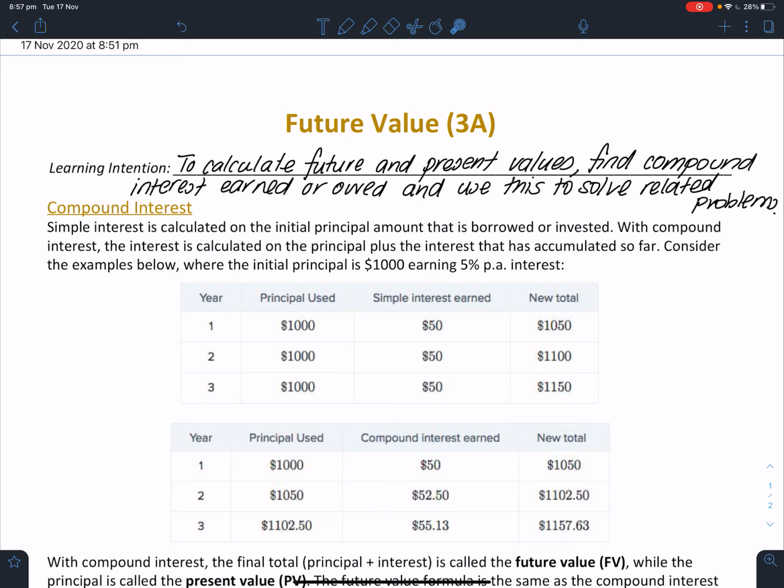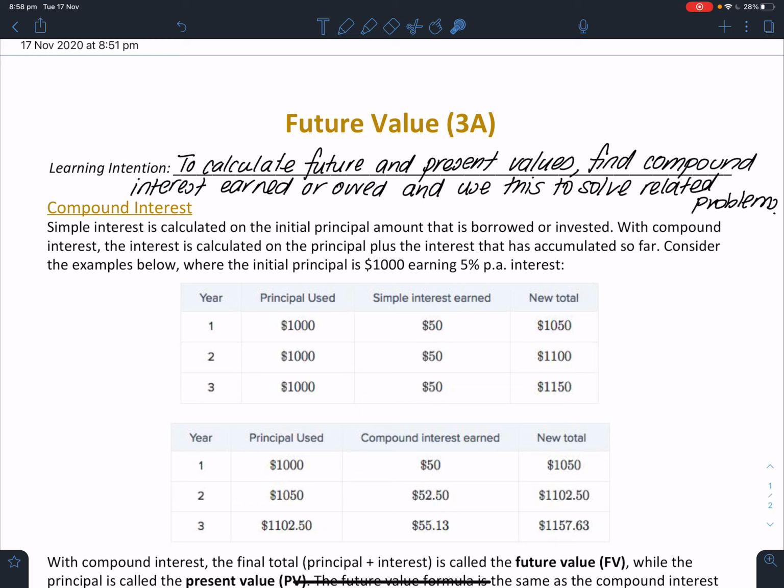So if you're borrowing money, it's better to borrow at simple interest. However, I would be interested to see who would lend you money using that calculation. Most banks work with compound interest, and you'll quickly work out why. But if you're investing money, like into a term deposit account, obviously you would want the interest that you're earning, your income off that money you're investing, to be compounded so that you will earn more money.